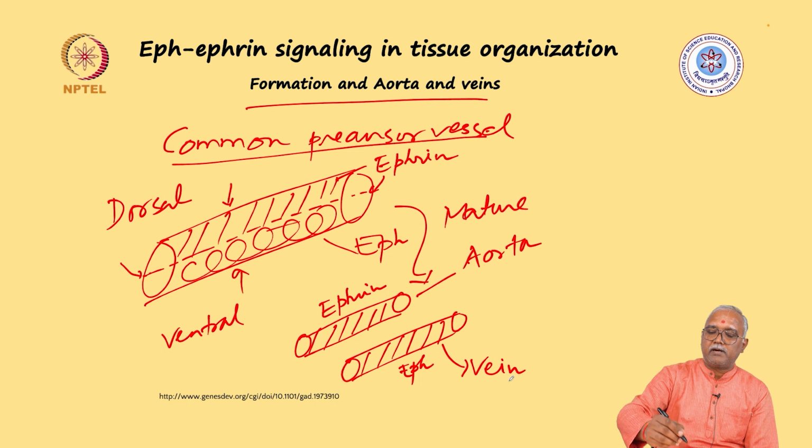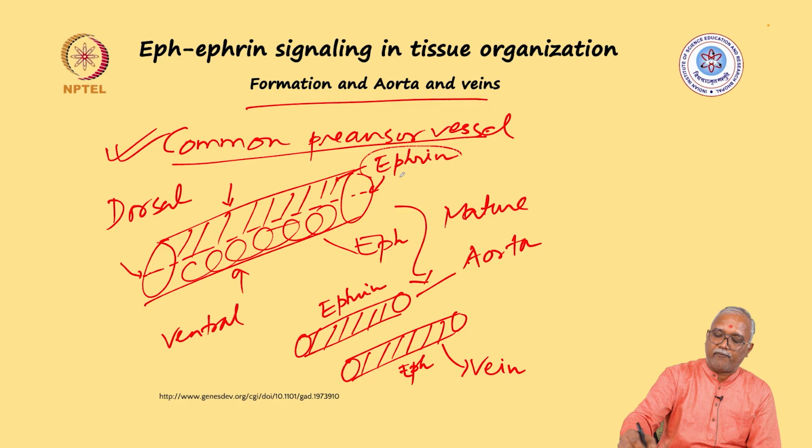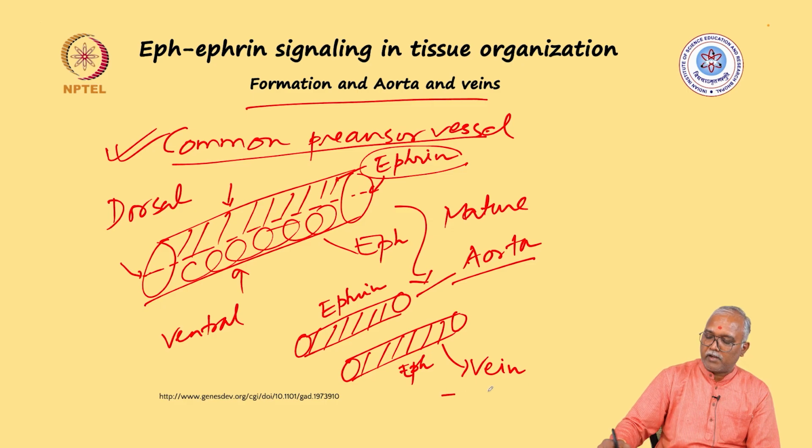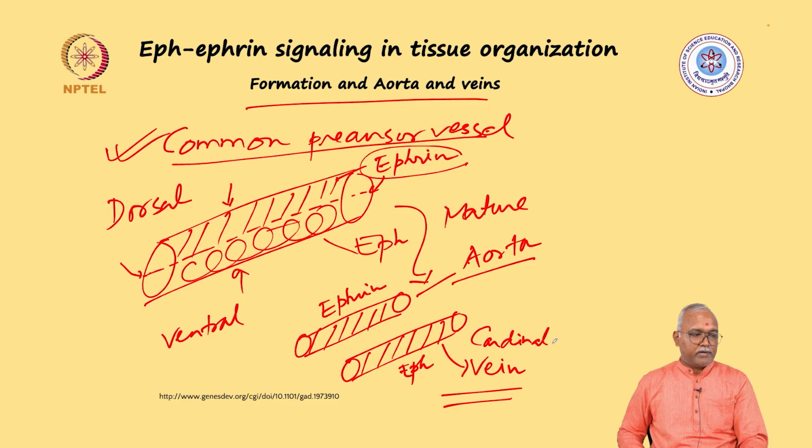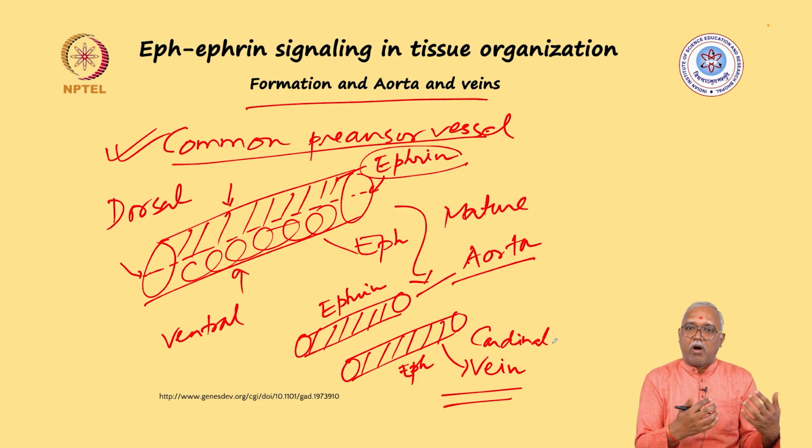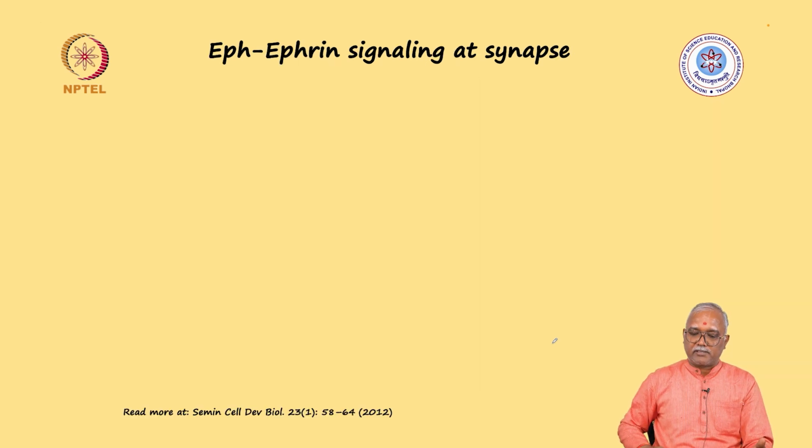Same thing is happening here. From the common precursor vessel, the dorsal surface which had more Eph-Ephrin was becoming the aorta and the ventral surface which had more EPH became the cardinal vein. So you realize how EPH-Ephrin signaling is playing a critical role in shaping the tissue, shaping the organism, shaping the organs which are put into proximity and communicating, making sure that boundaries are formed and to a large extent respected.